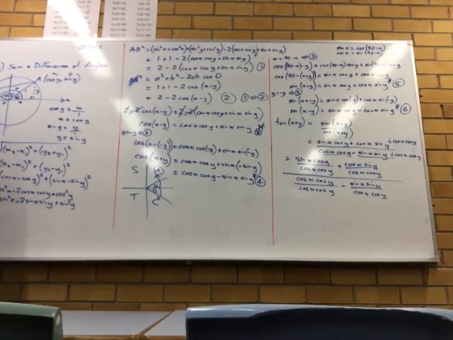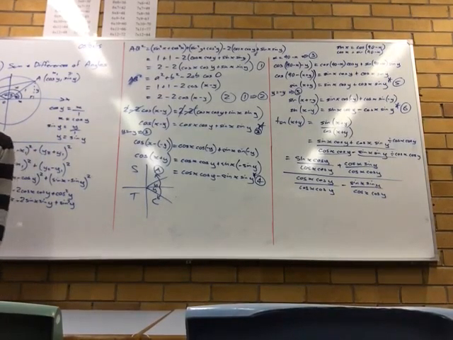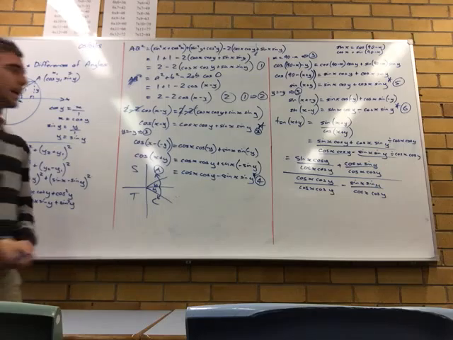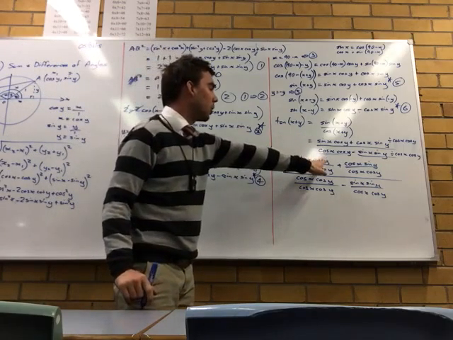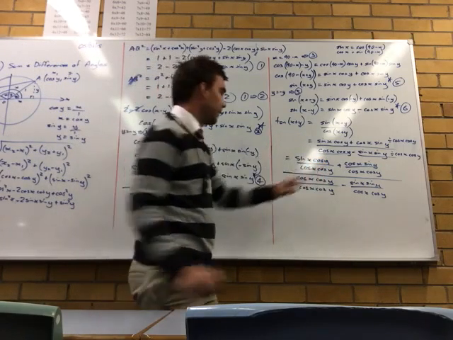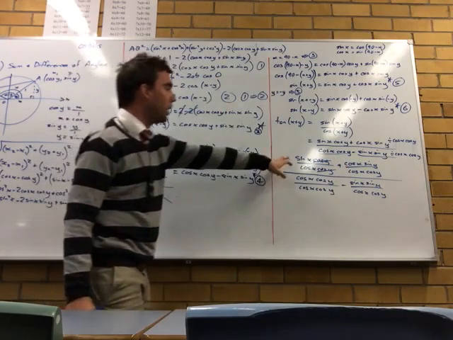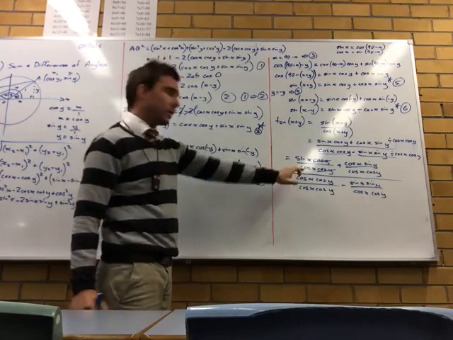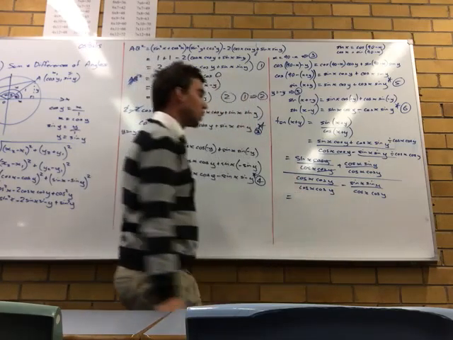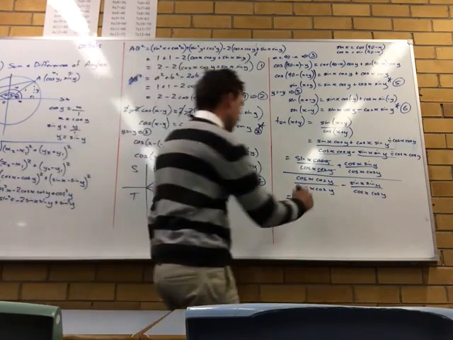Now the reason I've done that is because I want to simplify my sine over cos of the same letters to tan of that same letter. So I have cos y and cos y. I can cancel those. So I'm left with sine of x over cos of x. So what's sine of x over cos of x? Tan, so tan of x.